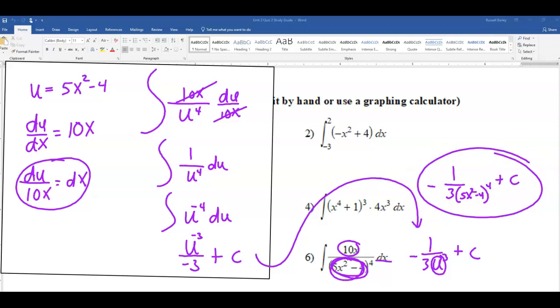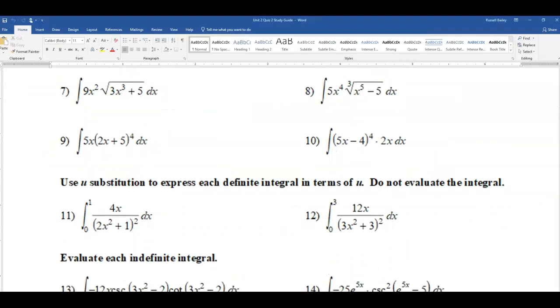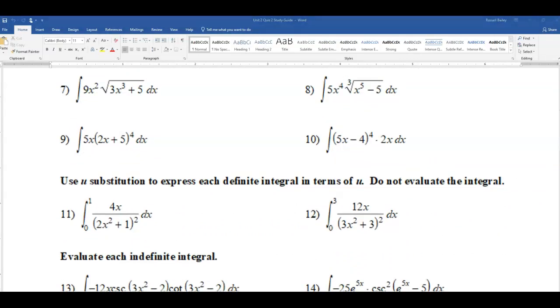I'm sorry, not to the 4th. It is to the 3rd. There we go. That's our final answer. So another u sub problem there. Let's move it along to our next set of problems to work on here.